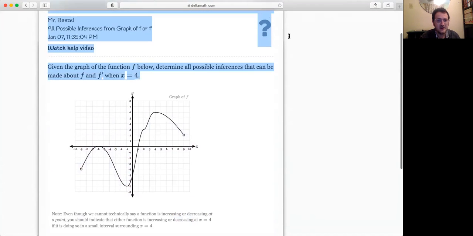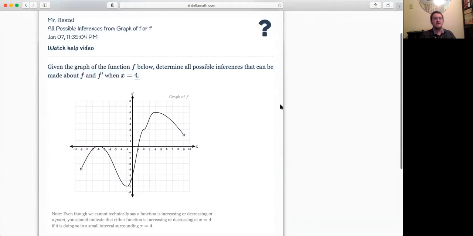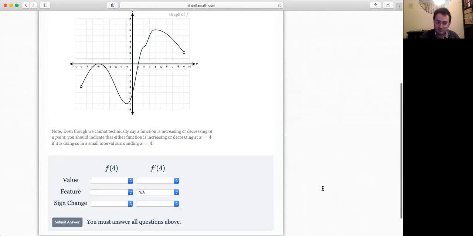Okay, the last type of question is called the chart question here. And it's asking you to make some inferences about particular x values and observing here. Now, the way that you do this question, well, let's see. If I have f of 4, what that's telling me is, obviously, it's positive.